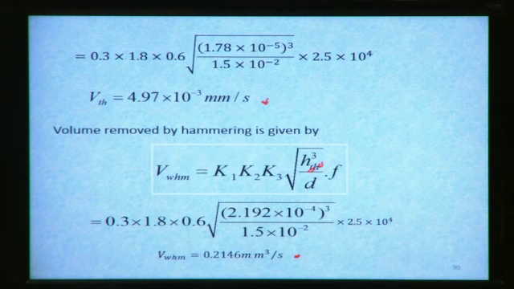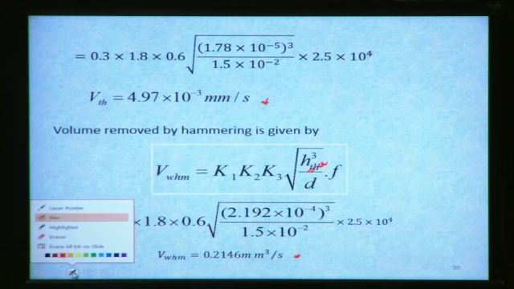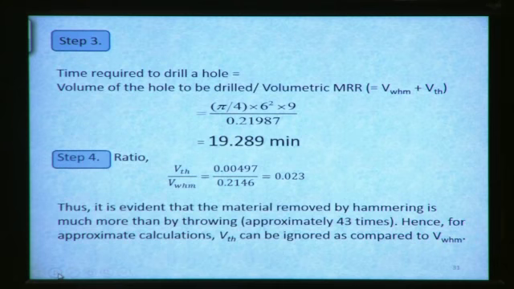So this is the WH, okay, by the hammering model. Okay. So now step 3 is the time required to drill a hole, equal to the volume of the hole to be drilled divided by the volumetric metal removal rate. So the volume of the hole to be drilled is pi by 4 d square times h, where d is the diameter of this hole and h is the depth of this hole.